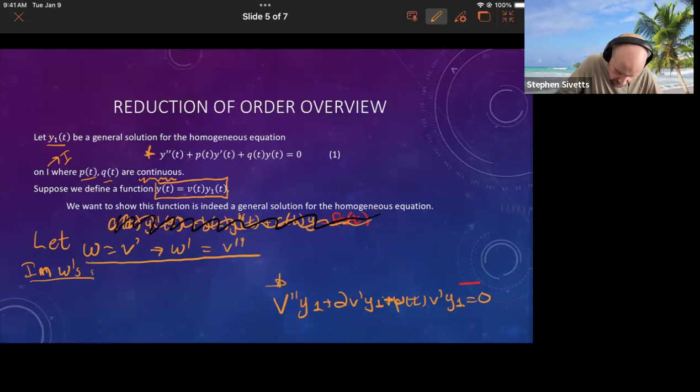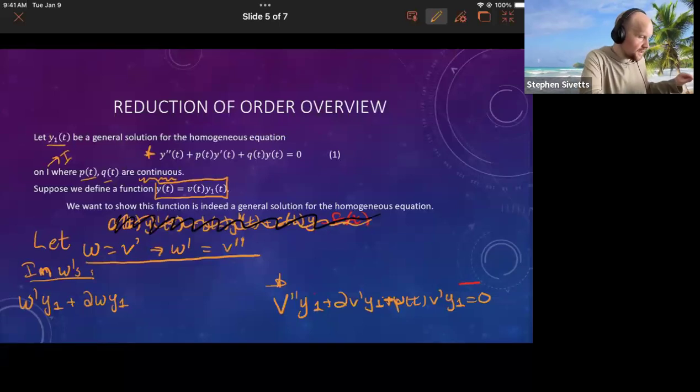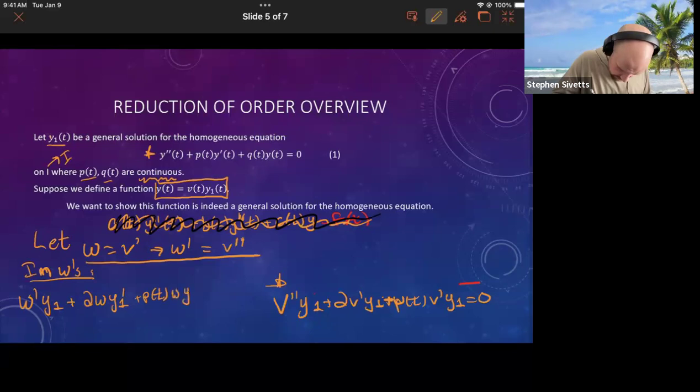And so by applying this substitution, in w's this equation will turn out to be w prime times y1 plus 2w y1 prime plus p of t times w times y1 equals 0.